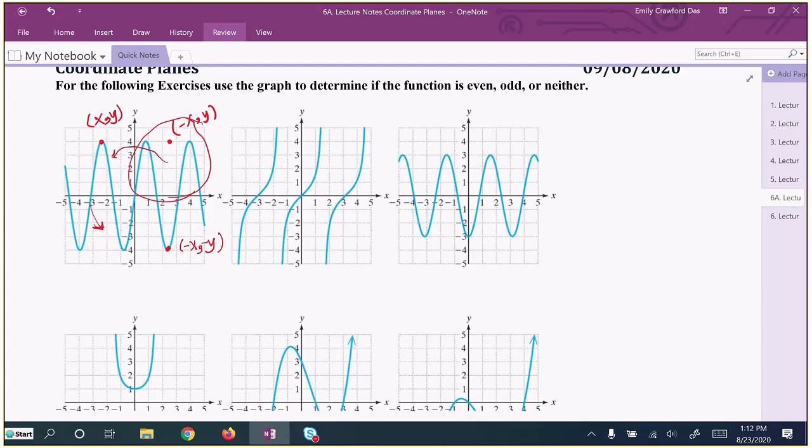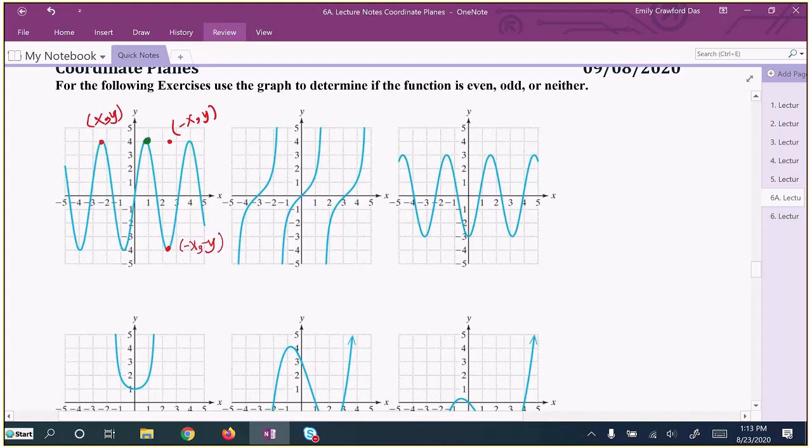So symmetry with respect to the origin is this type of shape that you see here, often kind of an S shape, and the checking that we do is that for any point (x, y), we can find (-x, -y) on the graph. Now I only checked one point, but we need to be able to do this for every point, and it turns out that we certainly can.